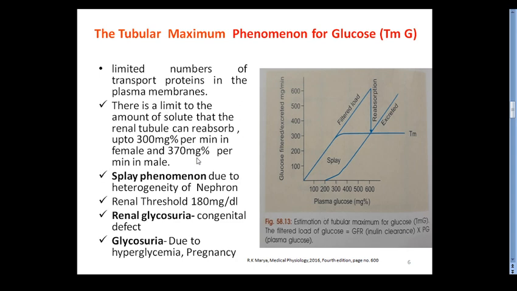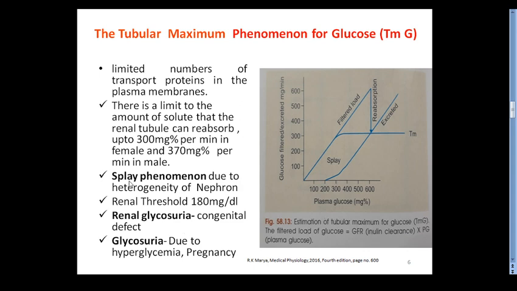So when the concentration of glucose in the blood is up to 180 milligram per dl, the maximum part of glucose is reabsorbed, but a little quantity of glucose comes into the urine. Glucose is reabsorbed continuously up to the level of 300 milligram % in female or 370 milligram in male. The level beyond that will not be reabsorbed because all the transporters get saturated.